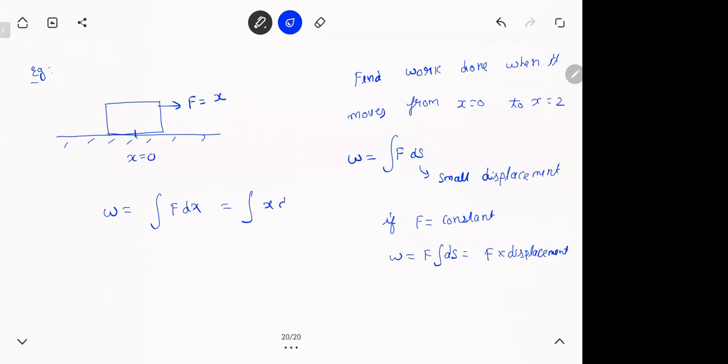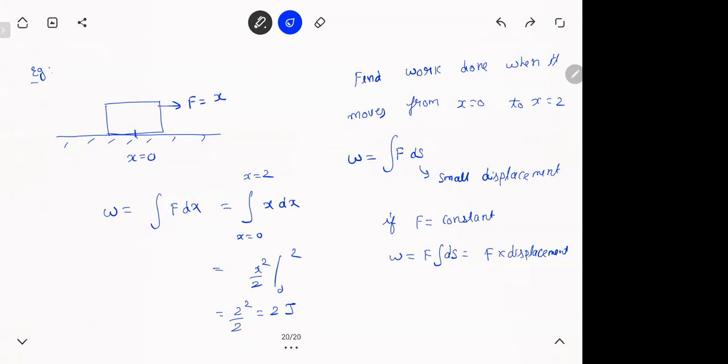F is x only. You want from where to where? You want from initial value to final value. That is the meaning of it. So this would be x square by 2, limits 0 to 2. This will be 2 square by 2. That is 2 joules. This is the interpretation of it. So the formulas will change now everywhere.